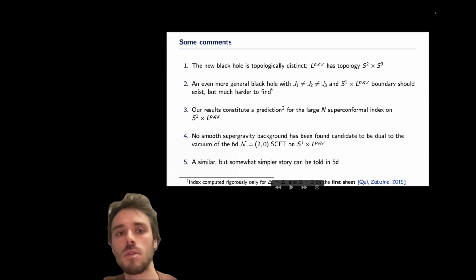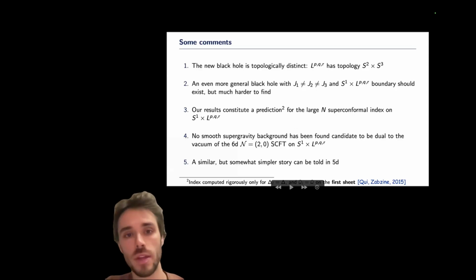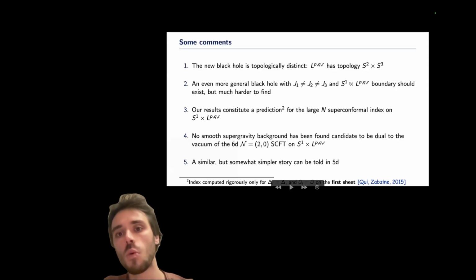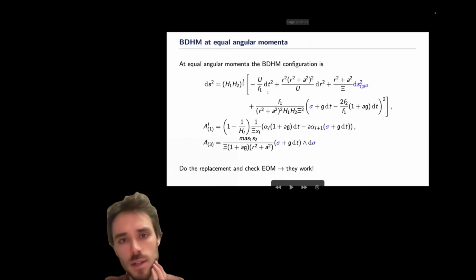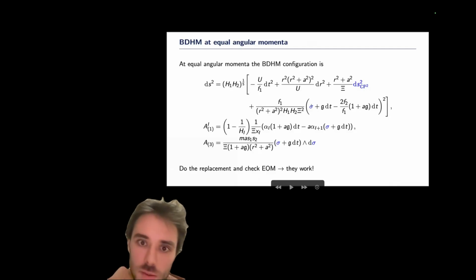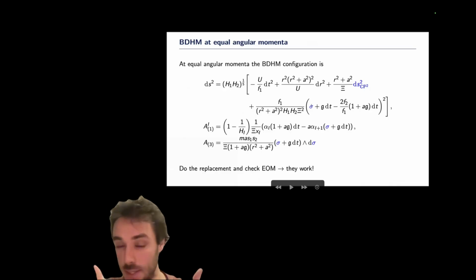So in principle, there should exist an even more general black hole with three unequal angular momenta, which has this boundary. It should exist by symmetry, but it is much harder to find. To find this black hole, this trick of writing the full metric as such and just doing the replacement would no longer work. Things just don't separate that nicely as soon as you start having distinct angular momenta.